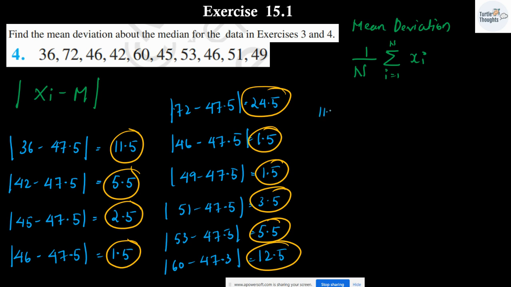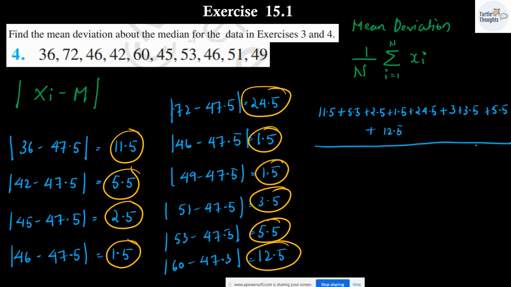Adding all these numbers: 11.5 plus 5.5 plus 2.5 plus 1.5 plus 1.5 plus 1.5 plus 3.5 plus 5.5 plus 12.5 plus 24.5, whole divided by, I have how many numbers? 10 numbers, right? So I will be taking it as 10.